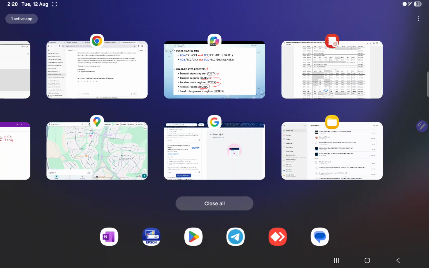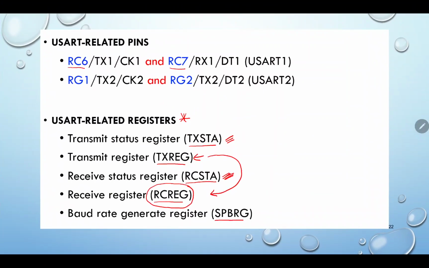So let's say you want to know how it knows from the transmit status register: it indicates whether it's ready to be transmitted or not. Inside the transmit register is where we put the actual value, and once the value is there, the status will change to 0, indicating that the data can be sent. From the transmit register, it will send to the receive register.